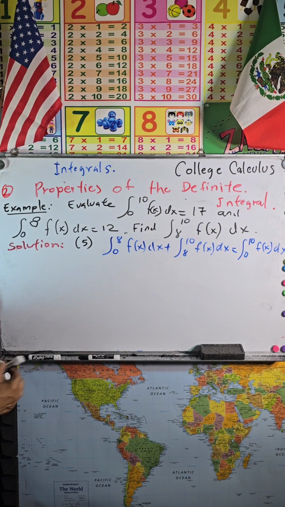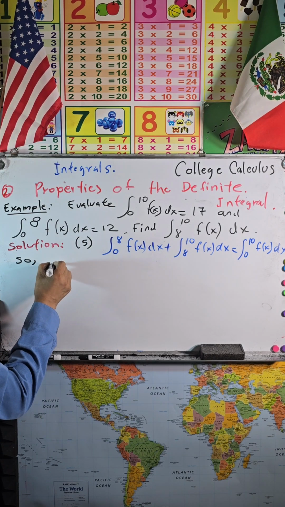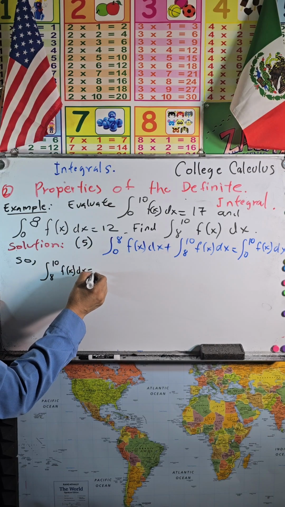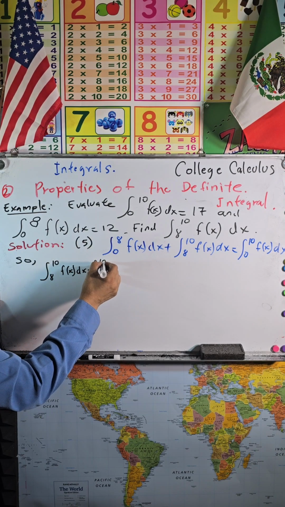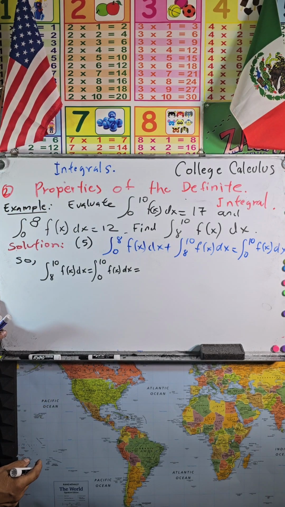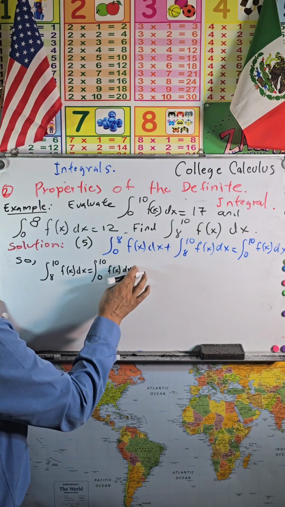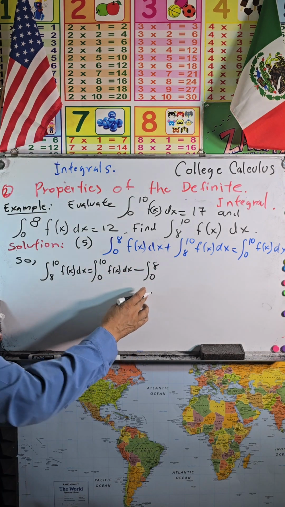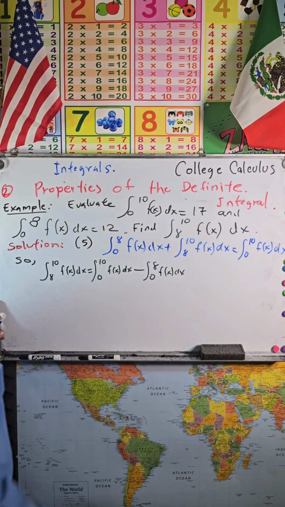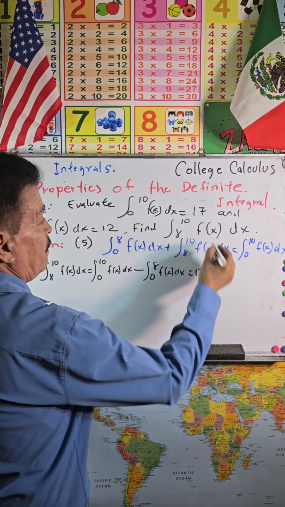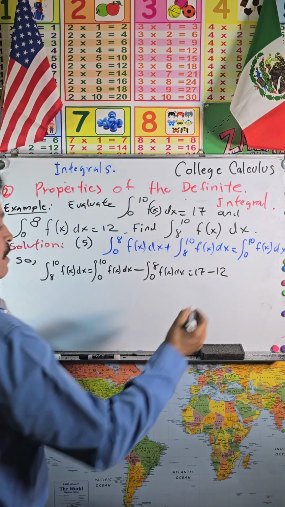So now you're looking for the solution. We have the integral from 8 to 10 of f of x differential x equals the integral from 0 to 10 of f of x differential x minus the integral from 0 to 8 of f of x differential x, equals 17 minus 12, equals 5, right?